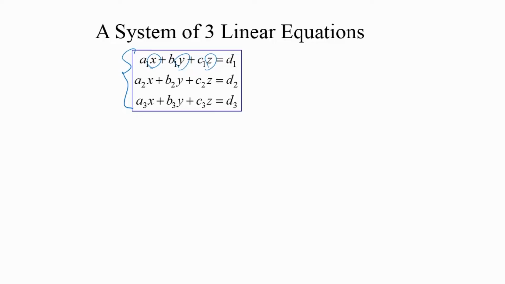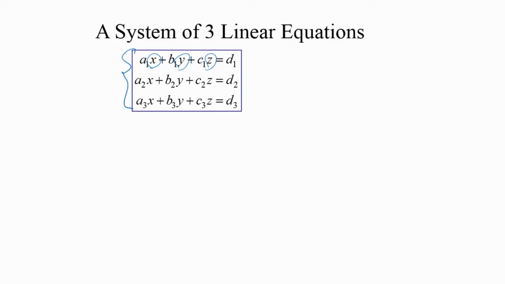Now, since we are dealing with 3 equations, we want to graph this. You graph it in 3-dimensional space. Each one of these equations represents a plane, which is like a sheet of paper in the space of a room.